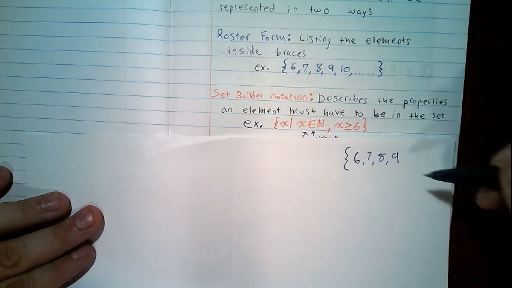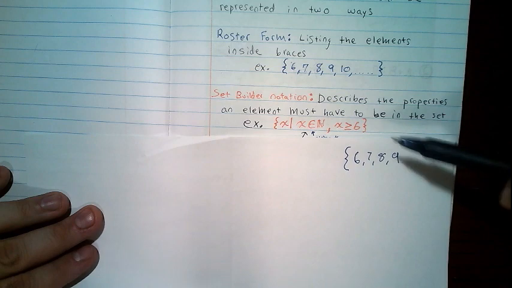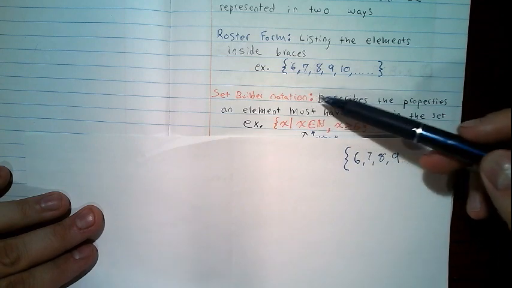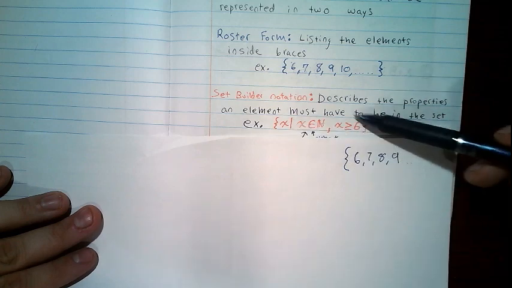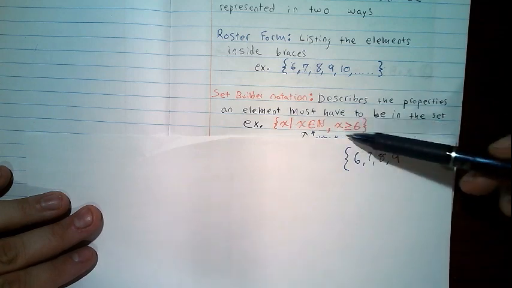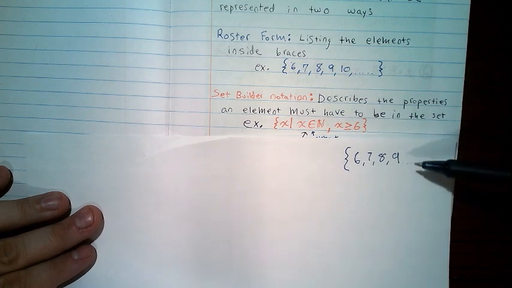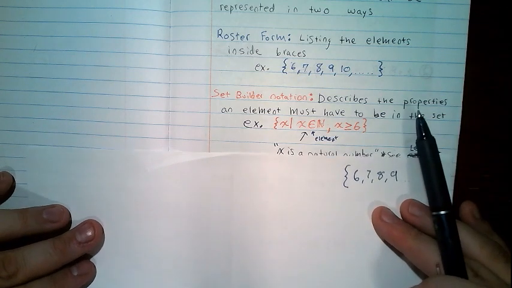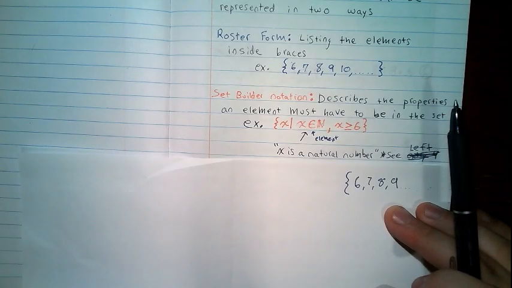If I wanted to list out all of them, it would take me forever. So that's why set builder notation is really useful, because we're describing the set and what elements will be in there without actually having to list them all out. And that's going to be really helpful when we start showing our solutions and range of solutions as a set instead of just a number.